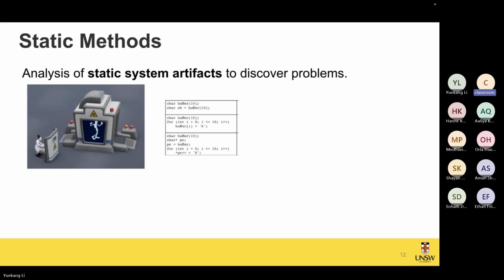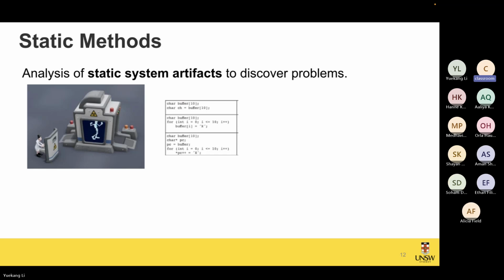So similarly, for a piece of software, for a piece of code, we can also try to look for some suspicious patterns. For example, if we are trying to access a buffer, there could be some patterns of checking whether this value, the index of the buffer, is out of bound, right? So there are some significant or some useful patterns for looking for bugs.